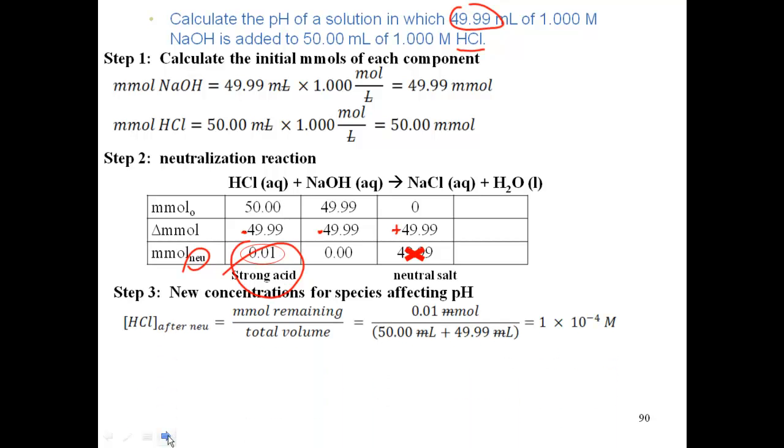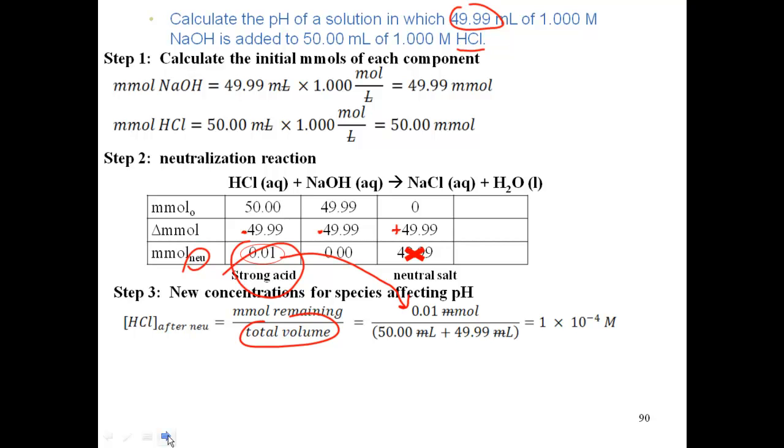So how do I do that? I figure out my millimoles remaining, which we know is 0.01. That's coming from right here. I put that over my total volume, which was 50 milliliters of acid and 49.99 milliliters of my base, which gets me a molarity of 1 times 10 to the negative 4th molarity. Right now we're at a point where we're just talking about a strong acid.